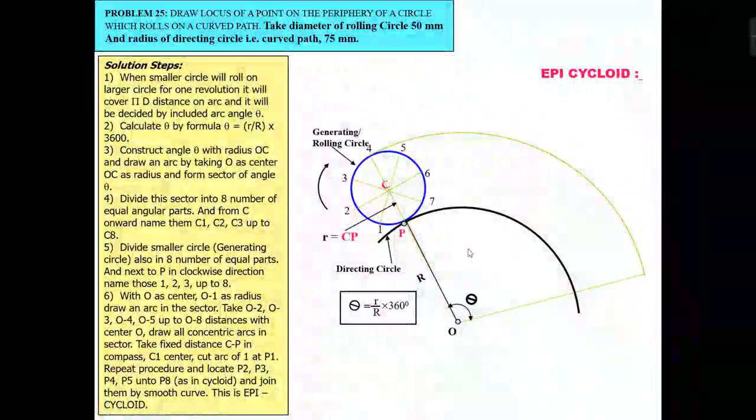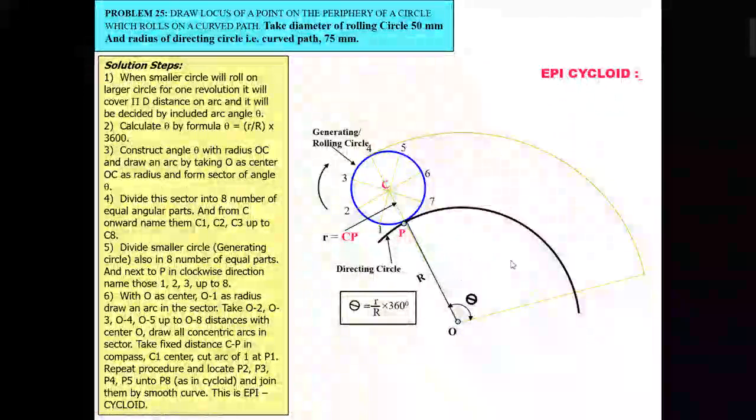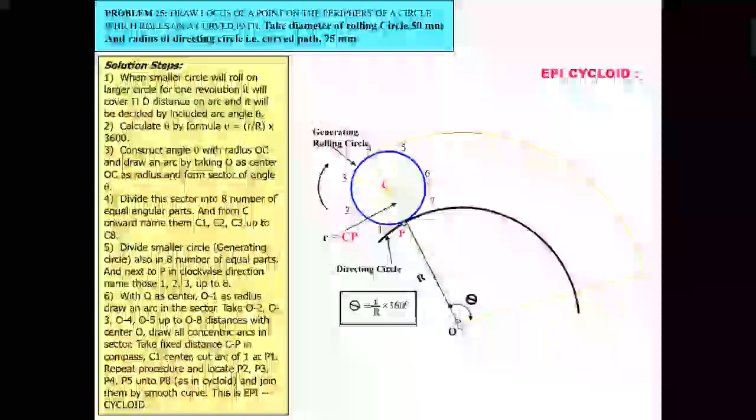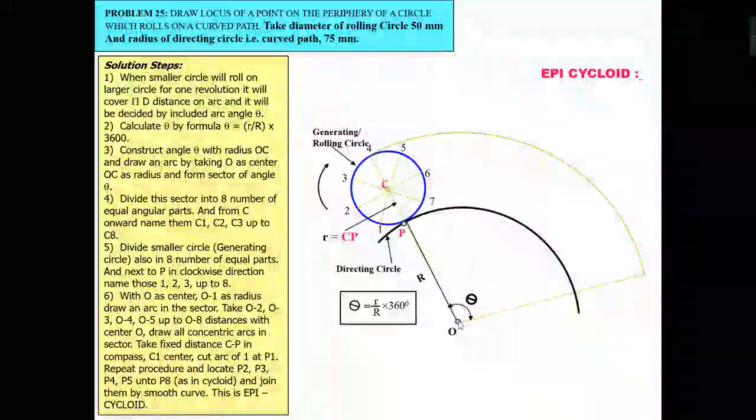Like you put the compass here and mark an arc here, then put the compass here and mark the arc here, then you will get some point, and you can join that point with O and extend it up to your last curve.